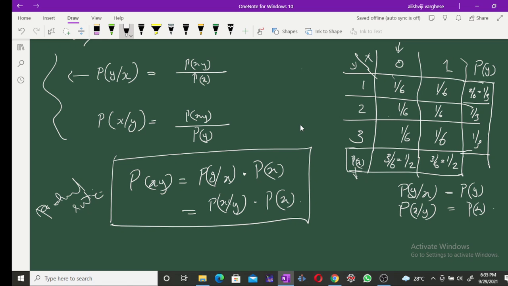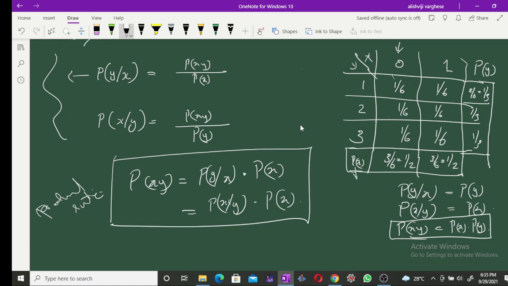If this happens, then there is one more important property to be noted: p of xy is equal to p of x into p of y.